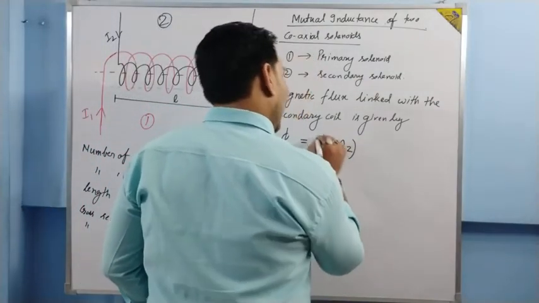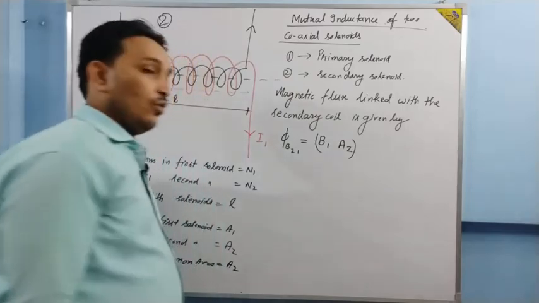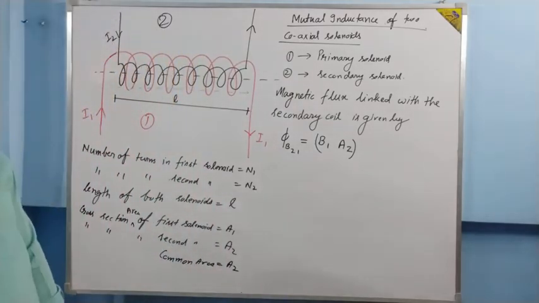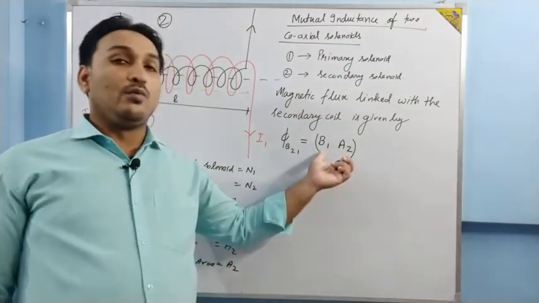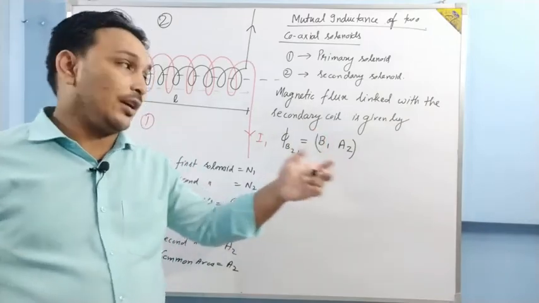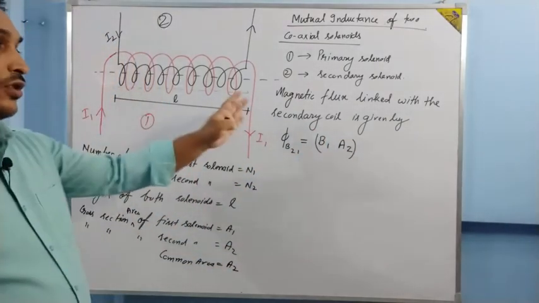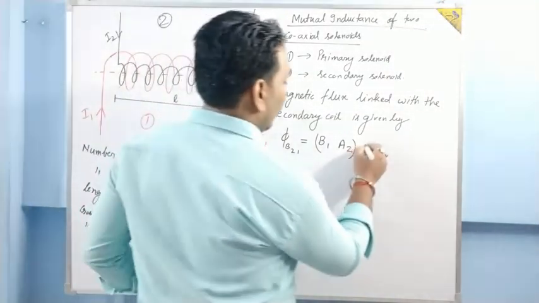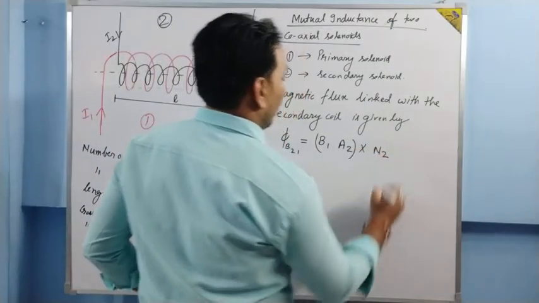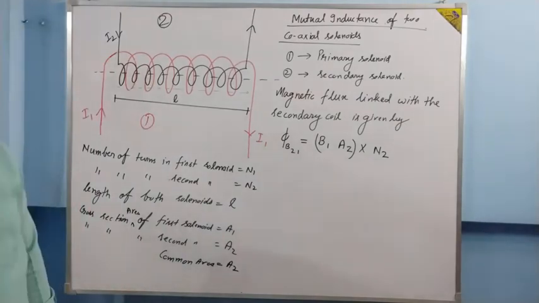But if we calculate only for A2, it will be only due to one turn. We have to calculate for the whole solenoid. So it will be multiplied with the number of turns in the secondary coil, that is N2.